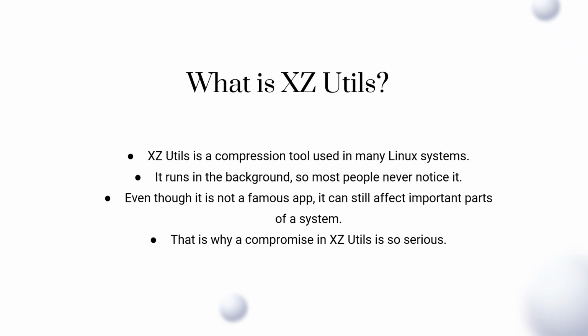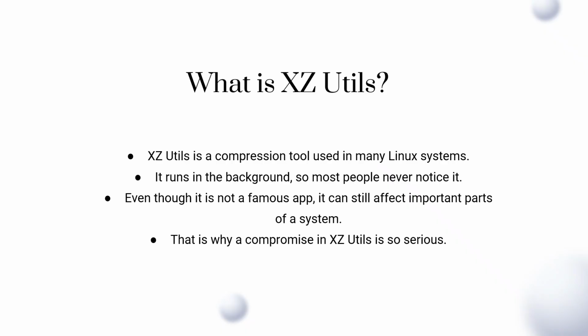So what actually is XZ Utils? It is a compression tool used in many Linux systems, and most people never interact with it directly because it usually does its work in the background of the software. Even though it's not a very well-known application, it still matters a lot because many other programs widely depend on it.